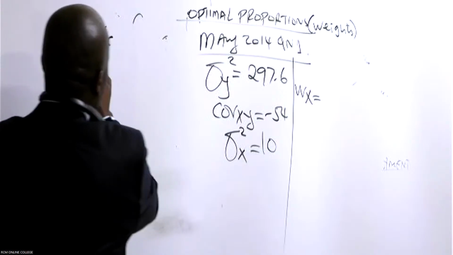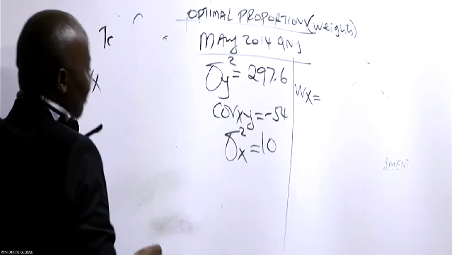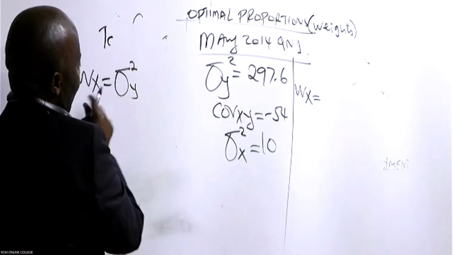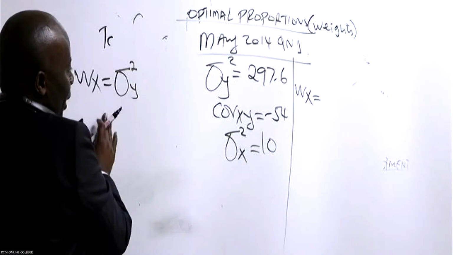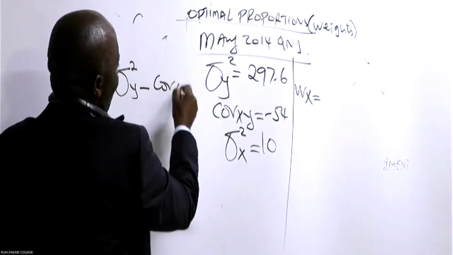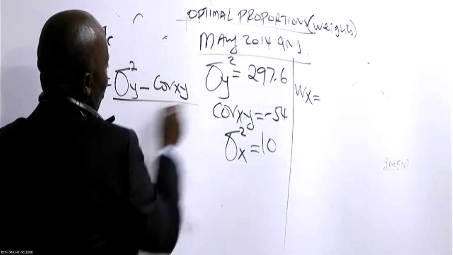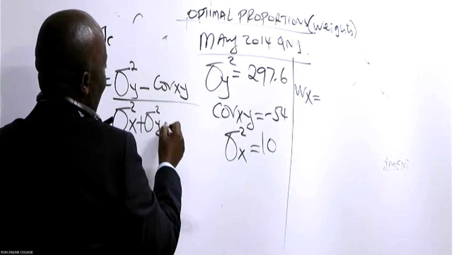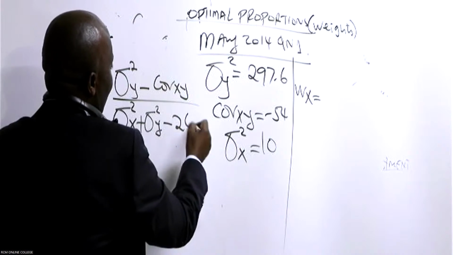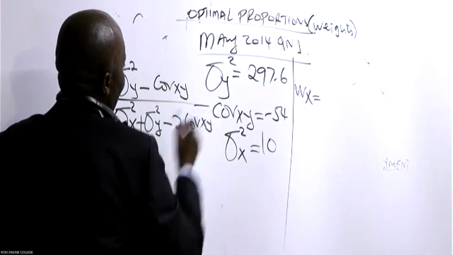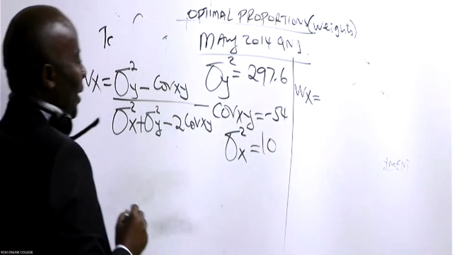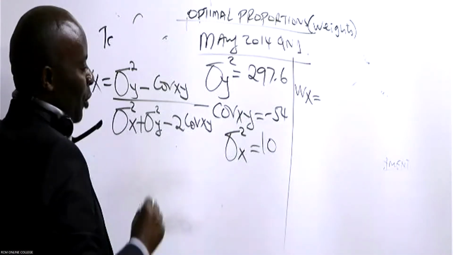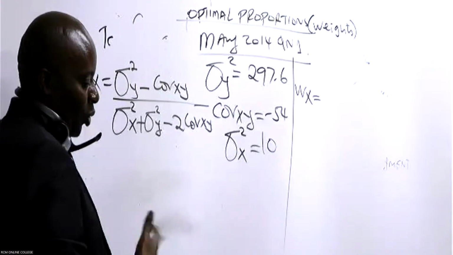I start with the variance of Y: the weight of X equals the variance of Y minus the covariance of XY, all over the variance of X plus the variance of Y, minus twice the covariance of XY. This is really important. This topic has so many formulas, but if you keep on repeating whatever I give you in class, you'll always like the paper.